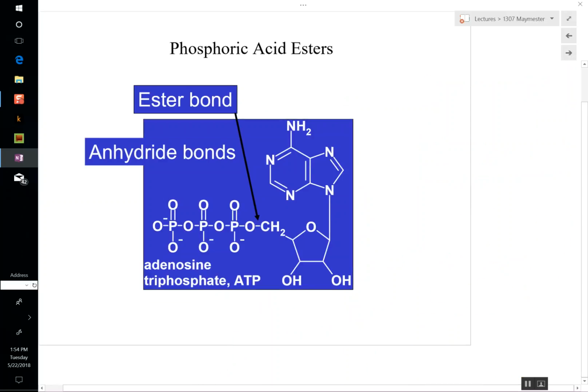Okay. What's so important about esters? Here's adenosine triphosphate. Here's your phosphate ester right here. Here's your adenine bound to a sugar that is then bound to this triphosphate or ATP. You've heard of ATP. It's what you need for energy. Your mitochondria pump this stuff out. But they're phosphate esters.